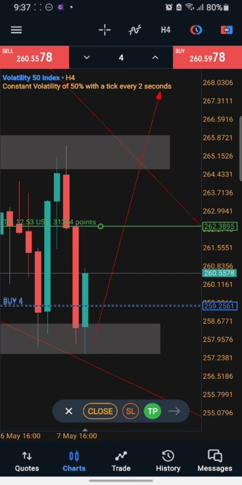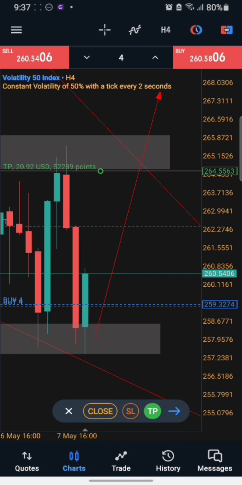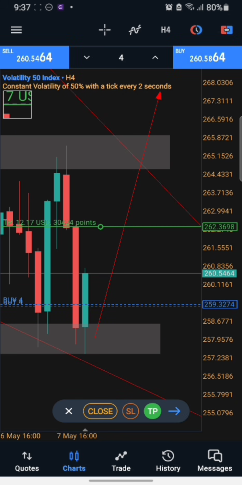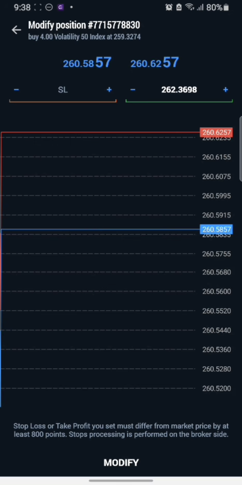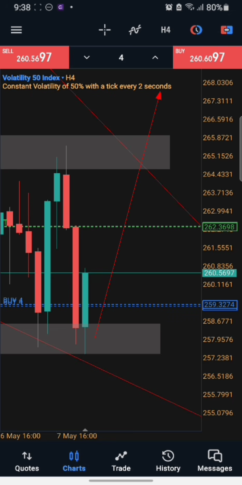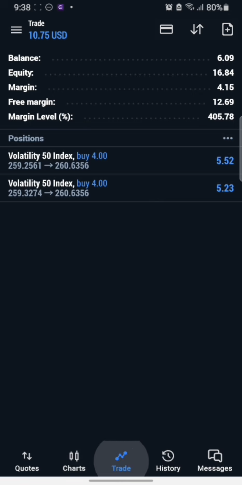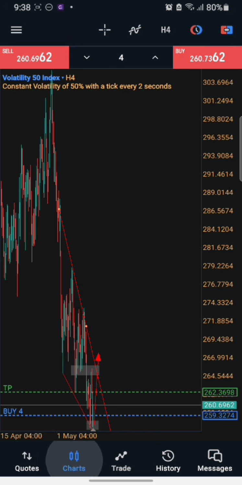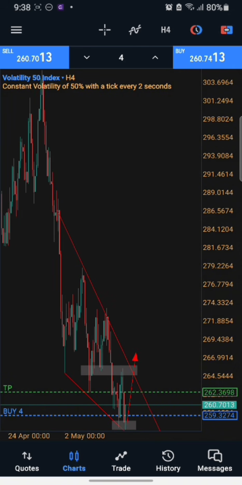So in terms of take profit, let's just put it at the area of confluence that is very immediate. As you can see at that point, it is an area of confluence, as it was a support that became a resistance. We are still in $5 each and we are going.